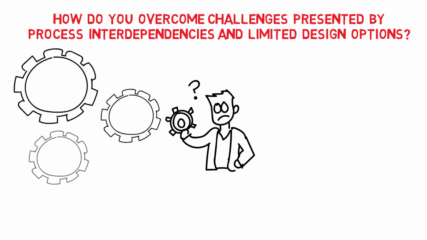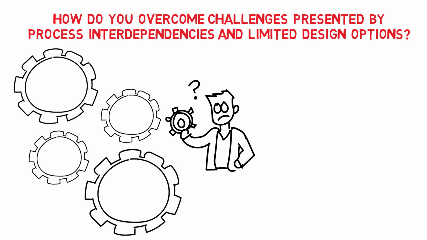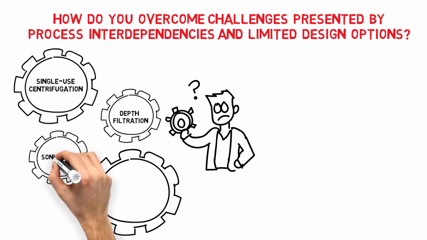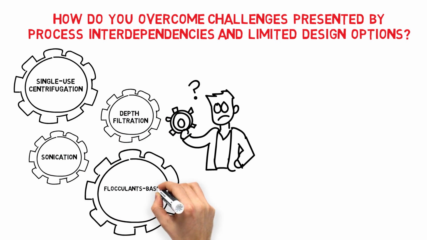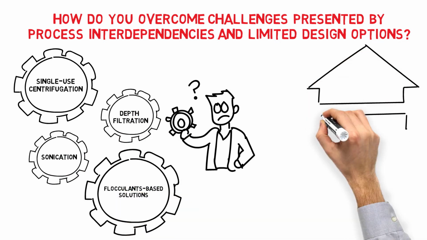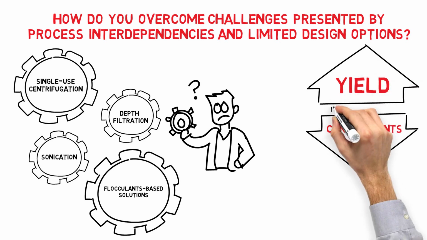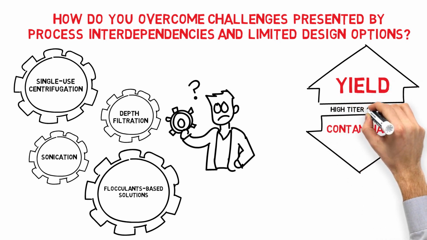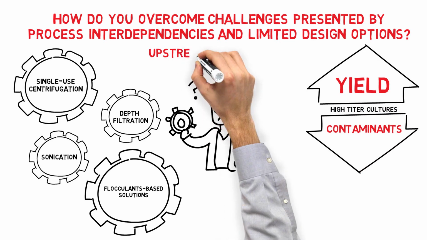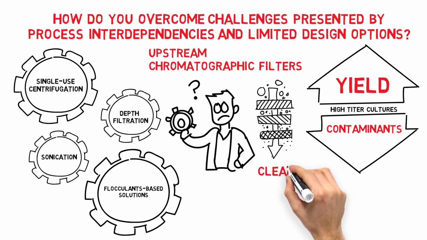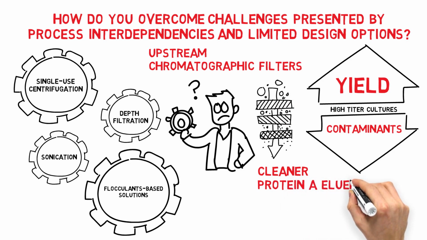Giving yourself the flexibility of implementing newer technologies opens up options such as single-use centrifugation, depth filtration, sonication, and flocculants-based solutions, which may maximize the reduction of the contaminants and help to generate higher yield during the harvest and clarification of high titer cultures. Technologies such as upstream chromatographic filters may enable a cleaner downstream protein A eluent.